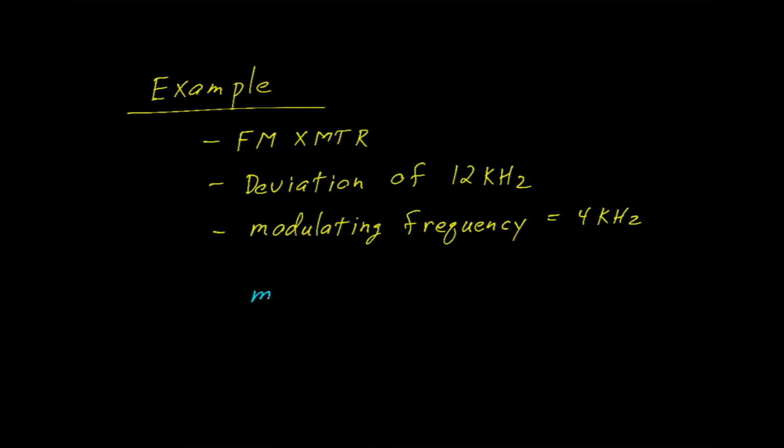The modulation index is equal to the frequency deviation over the modulating frequency. In this case, that's 12 kilohertz over 4 kilohertz, giving us a modulation index of 3.